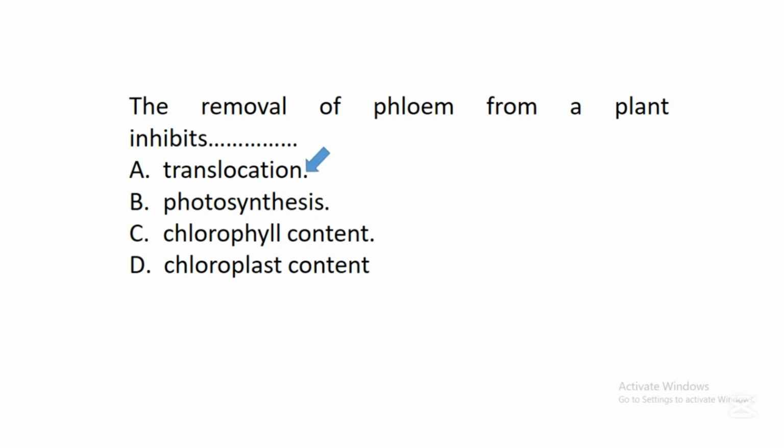So translocation is a process whereby manufactured food in plants moves from the site of production to the sites where it is needed. And this tissue called phloem helps in this process called translocation. So if phloem is removed from plants, definitely translocation will be affected negatively.